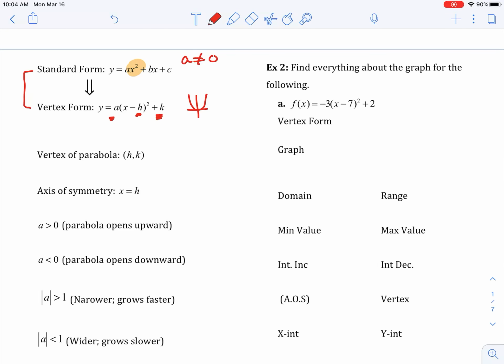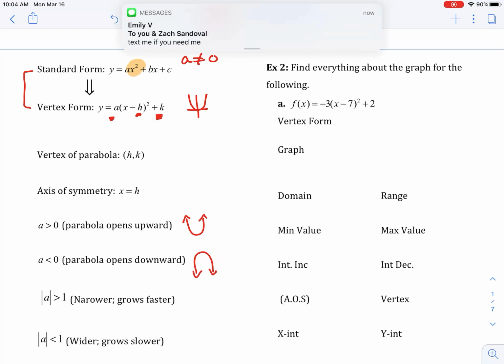Our a term, that term that's outside the parenthesis, well, if a is a positive number, we would not reflect our graph over the x-axis, so our graph would be going upward. If our a was a negative number, then we know that we would flip over the x-axis, so our graph would be opening downward.